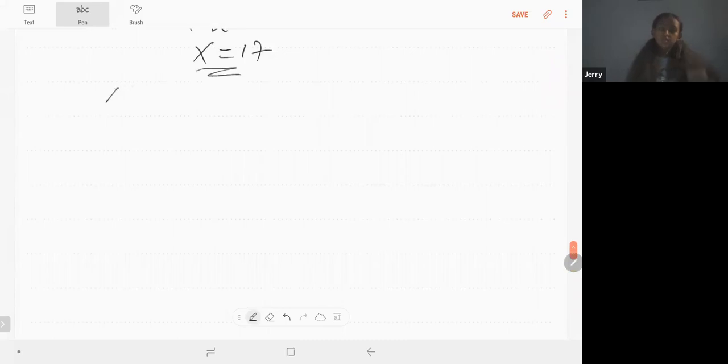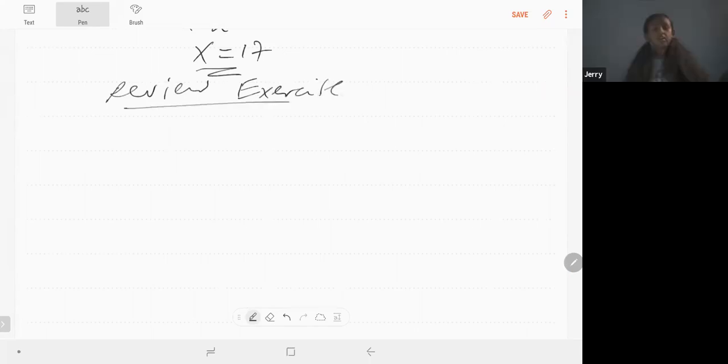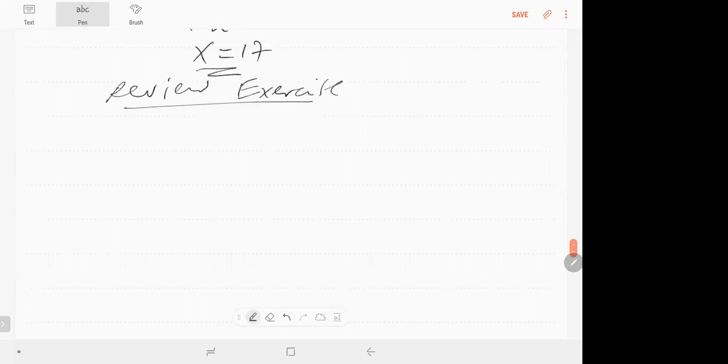Now let's go to the review exercise. Okay, for the review exercise, whoever did the first one, tell us the answer first. We are given 13 is equal to 13w over 1 minus w. This is the given condition.